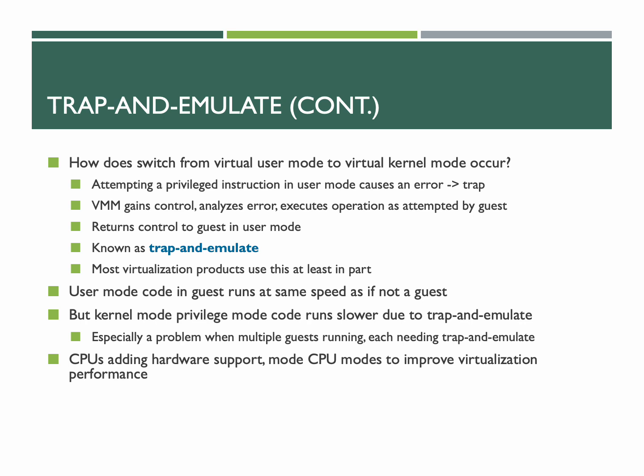And this latency becomes especially significant in environments with multiple virtual machines. Each VM requiring privileged operations must go through this emulation process, which can cumulatively lead to a decrease in overall system performance.